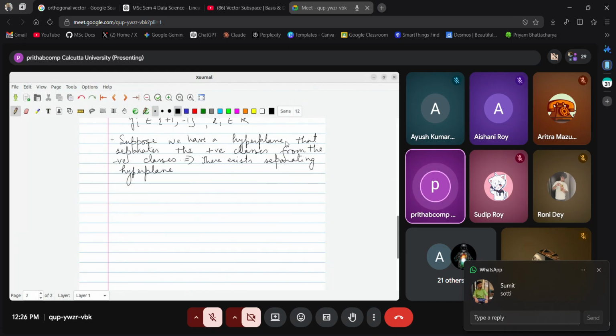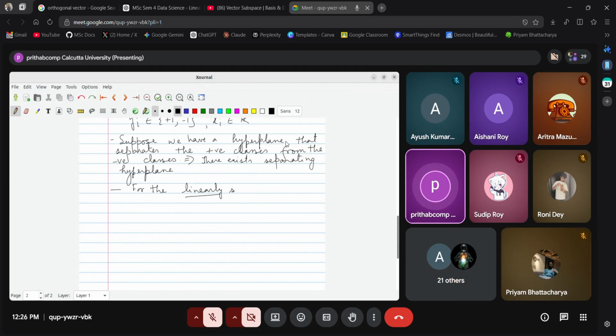So what this algorithm actually looks for is, for the linearly separable case, and this is very important, this linearly separable.